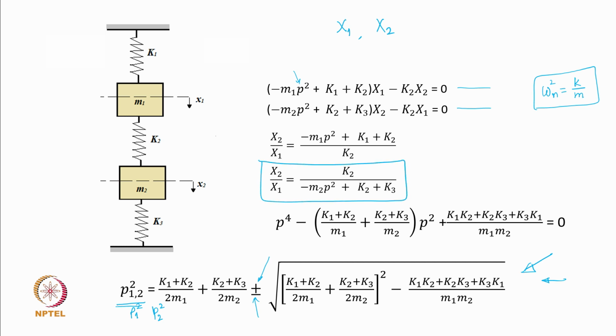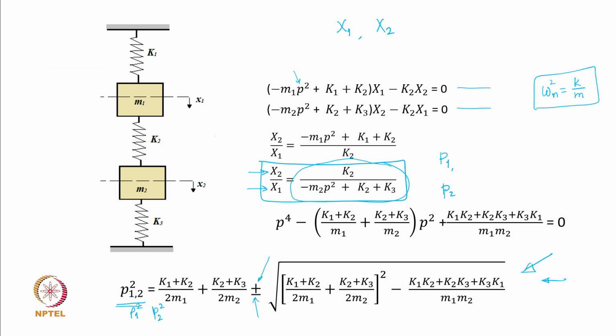the motion that we have assumed has amplitudes x1 and x2 which maintain this ratio. Which means that as long as the motion of the two masses has the amplitude ratio given by this particular right hand side value, the two masses will continue to vibrate with natural frequency either P1 or P2.